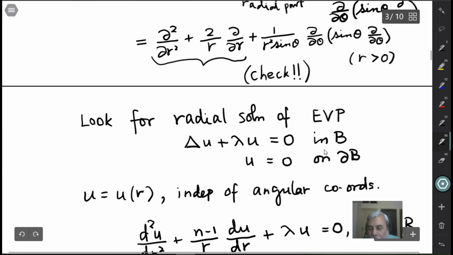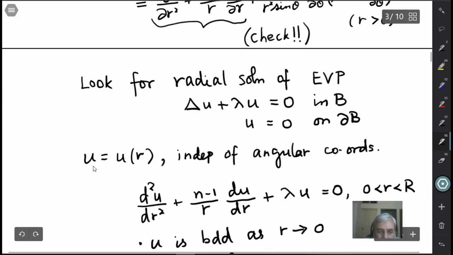Okay, and since this ball is symmetric about the origin and invariant under rotations, and the same thing is true with the Laplace operator, it's reasonable to look for a radial solution of the eigenvalue problem. So we look for a solution u as a function of r only, independent of the angular coordinates.